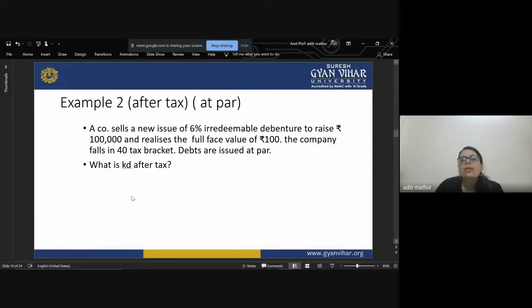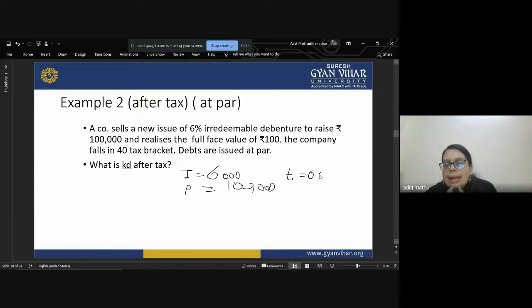So now let us solve another question to understand how to do it after tax. The same question is continued. That means our interest is 6,000 and our principal or net value is 1 lakh, and this time we have to calculate after tax.